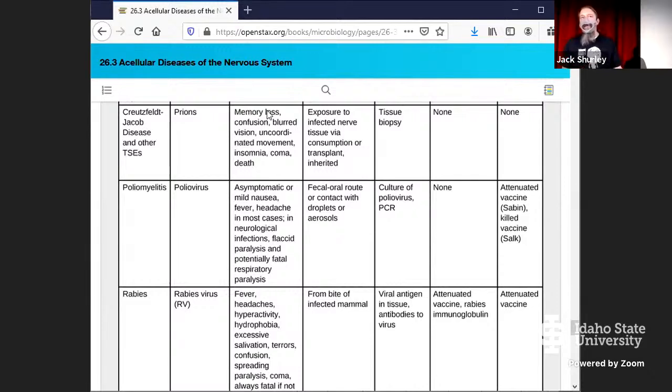exposure to these proteins or a spontaneous mutation causes the tissues to get altered very slowly. So it may take decades of kind of incubation within the host, if you will, before you really start seeing symptoms show up.